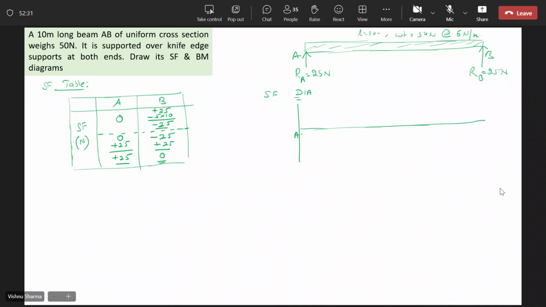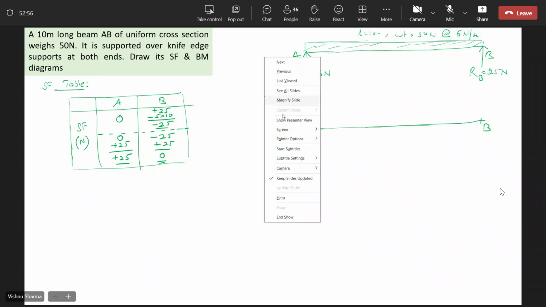We have A and we have only 2 points, B. This is shearing force in newtons here. We take plus 25 at some distance, whatever we want, and same distance I take minus 25. Now at A, it goes from 0 to plus 25, and at B, it goes from minus 25 to 0.